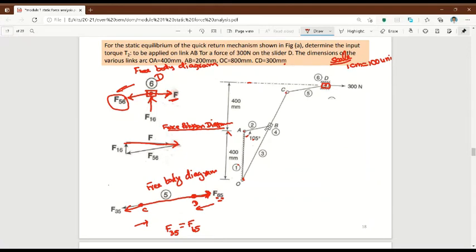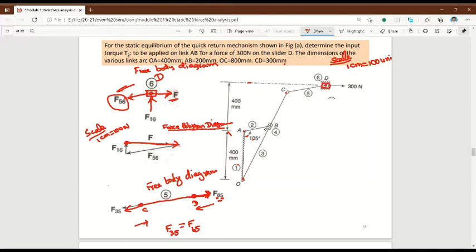We can't draw 300 here, so we have to scale it. How am I scaling it? 1 centimeter equals 100 Newton. So 300 Newton means I have to draw a 3 centimeter line. So draw F as a 3 centimeter line. That is 300 Newton.